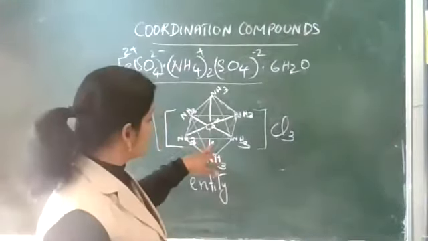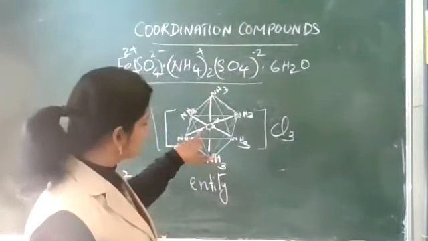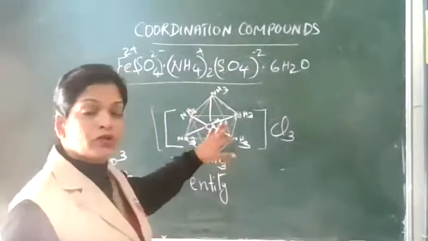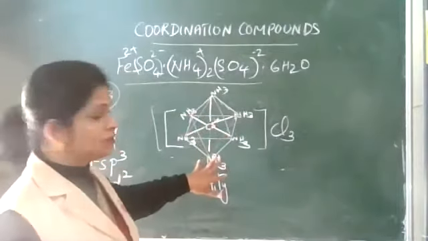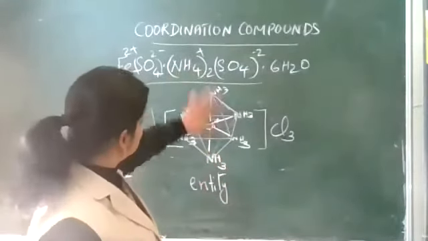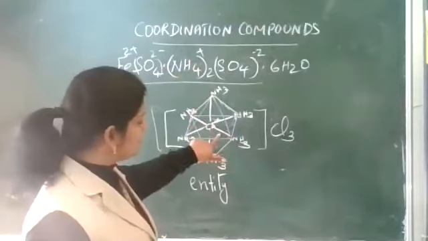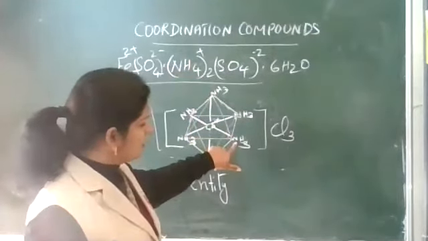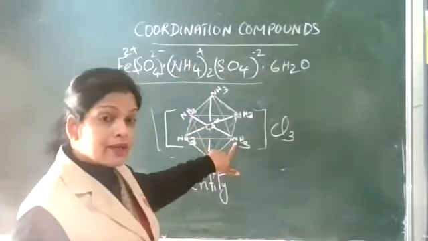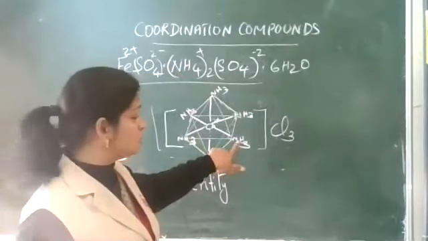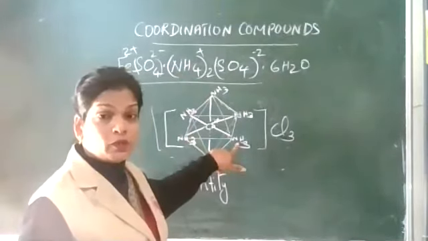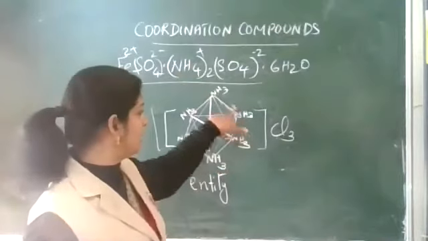In coordination compounds, there is a central metal atom which is connected by coordinate bonds, or you can say covalent bonds. Coordinate bonds means ammonia. This bond is made by two electrons donated by this donor atom, ammonia, the ligand.